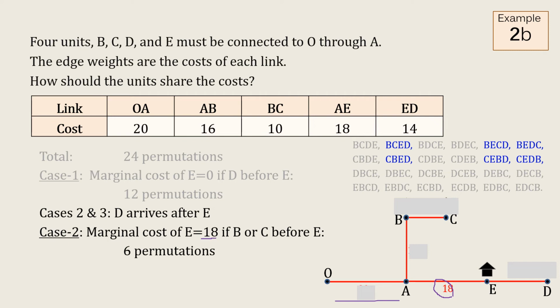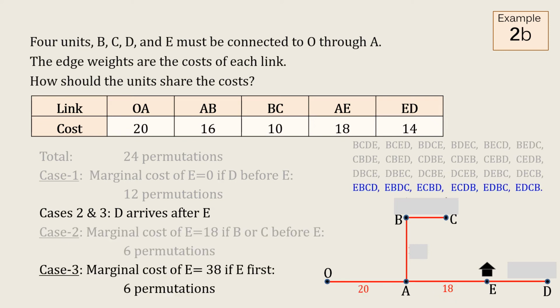So that's the marginal cost of agent E. And there are 6 such permutations. Now, when at least one of B and C is not present before the arrival of E, in that case, E has to pay this total cost, 38. And there are 6 such permutations.